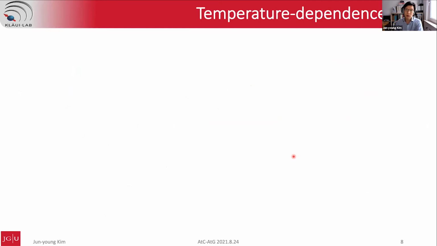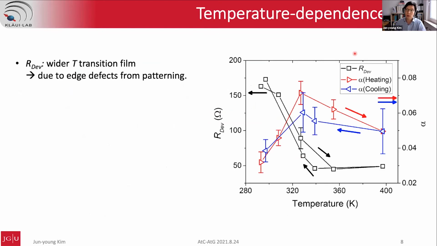Okay, then we first look at the temperature dependence of the Gilbert damping parameter. So if you first look at the black line, which is the device resistance, we see the device resistance decreases as we increase the temperature into the metallic state of the VO2. But now we see the transition is wider than the unpatterned film, which we attribute to possible edge defects from the strip patterning.